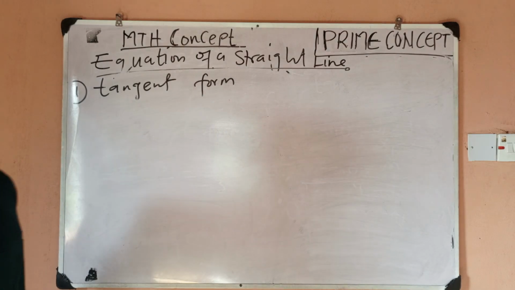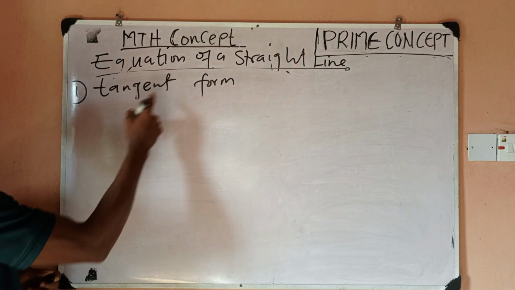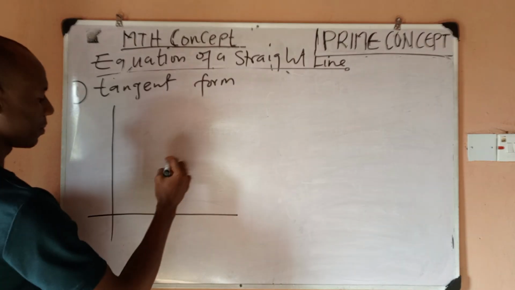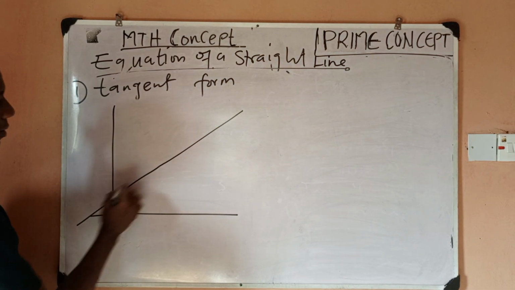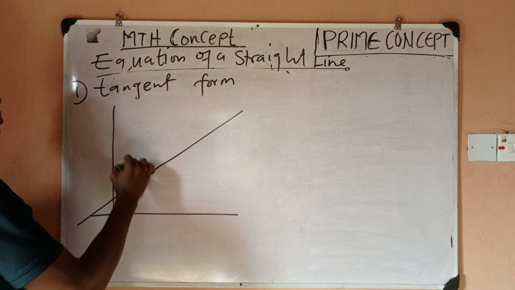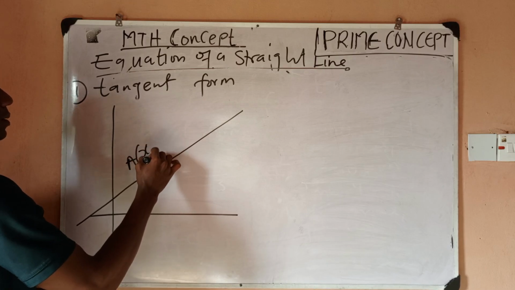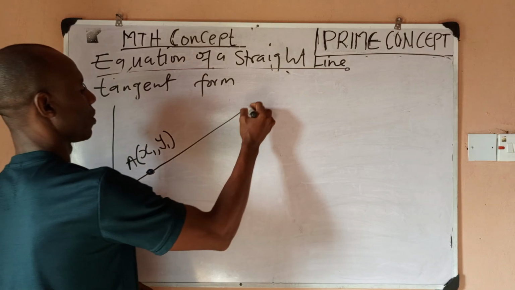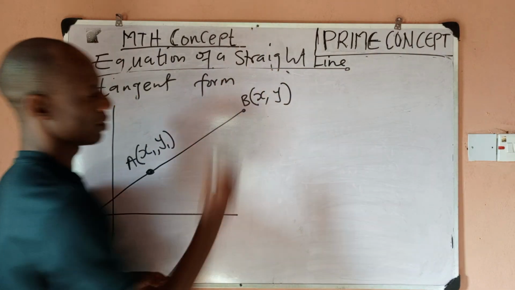Now, still considering the same kind of straight line we used initially for the tangent form. So we have a straight line like this. This is a point on the straight line, point A, which has coordinates x1, y1, and then we'll have a point B, which has coordinates x, y, right?